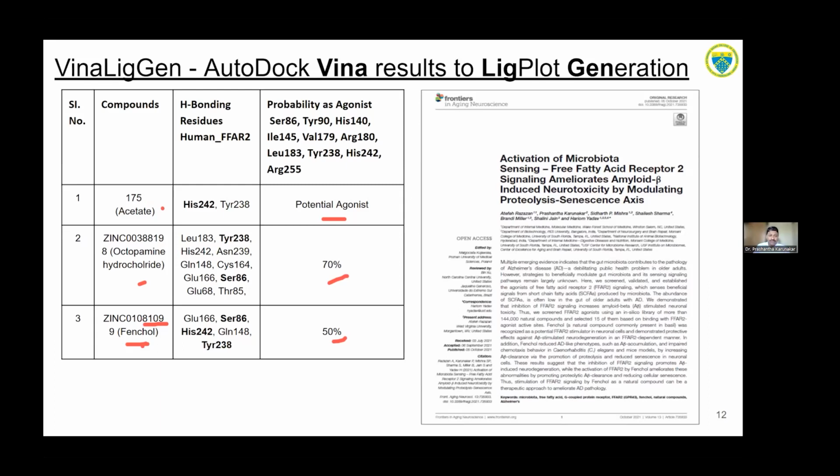These molecules form 1 hydrogen bond either with arginine 180 or arginine 255, supported in the back with histidine 242, not in case of antagonist. So based on the pattern of how the existing agonists interact, we made an analysis that our ligand of interest is also forming a similar kind of interaction, so it may act like an agonist. Again, wet lab analysis is required.